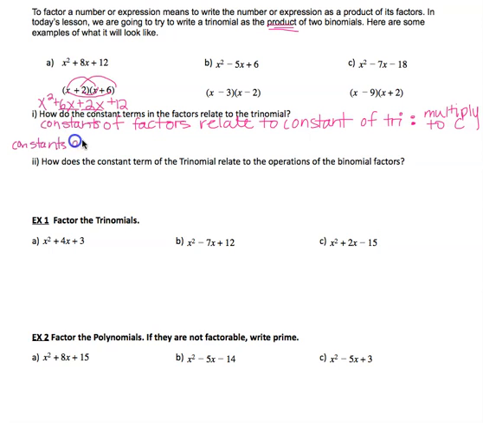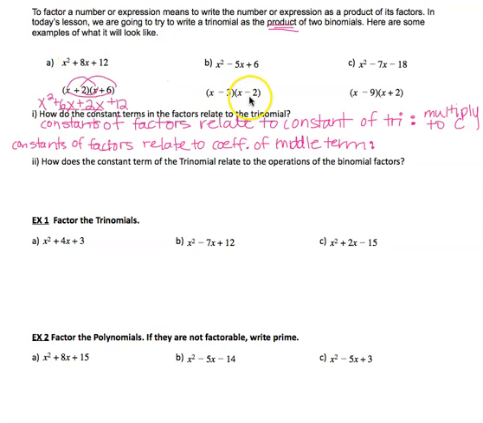Then we also want to know how the constants of the factors relate to the coefficient of the middle term. So meaning, how do those same two numbers relate to the b? So how do 2 and 6 relate to 8 mathematically?